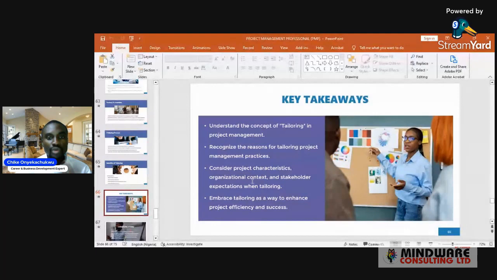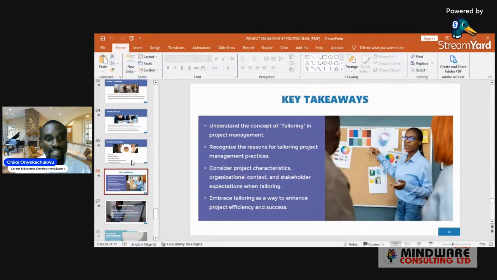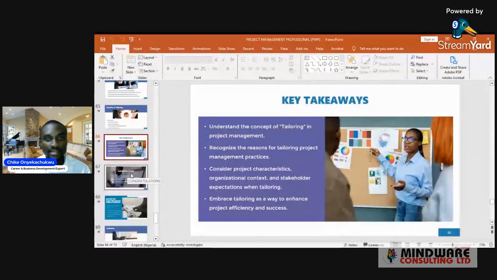We've also considered the project characteristics, organizational context, and stakeholder expectations when tailoring. You know that you have to consider these things when you are tailoring, right? Now, you need to embrace tailoring as a way to enhance your projects. Those are the key things that you need to take away from this section.